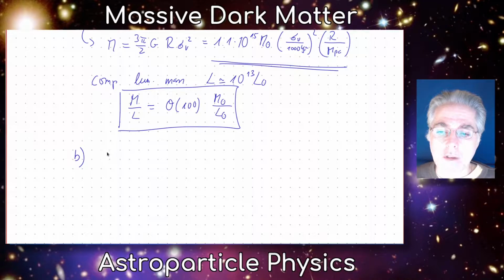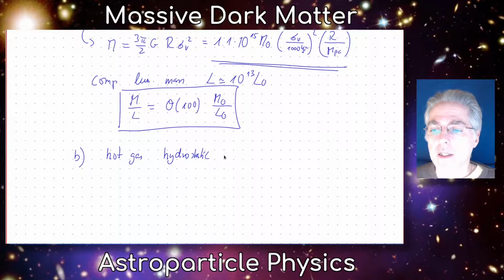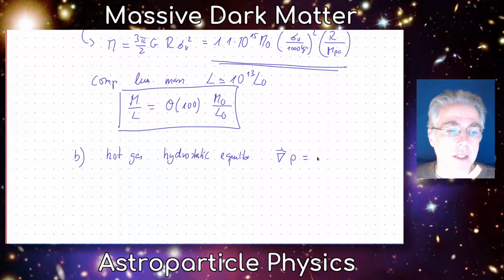So there we have a hot gas in equilibrium, in hydrodynamic equilibrium, or hydrostatic, I should say. And that's basically expressed in this equation. The gradient of the pressure is given by the gradient of the gravitational potential times the density.